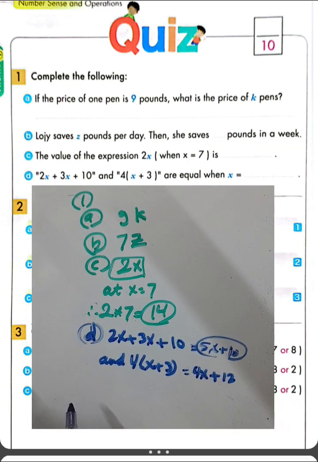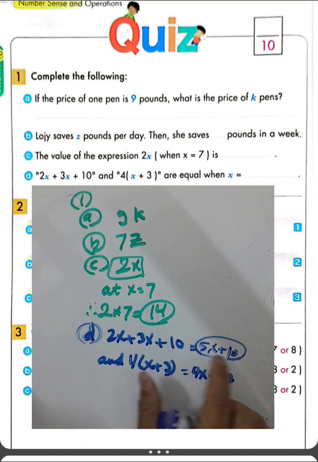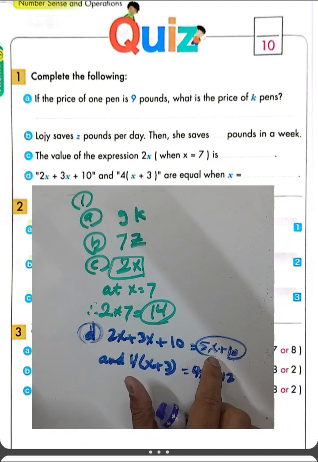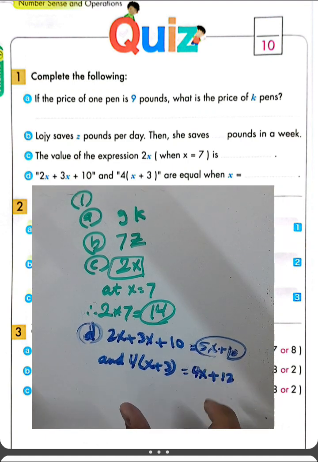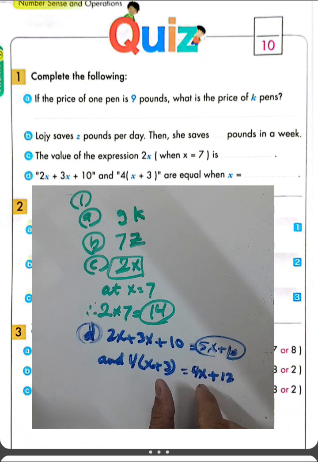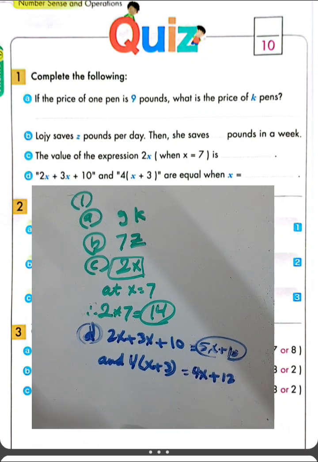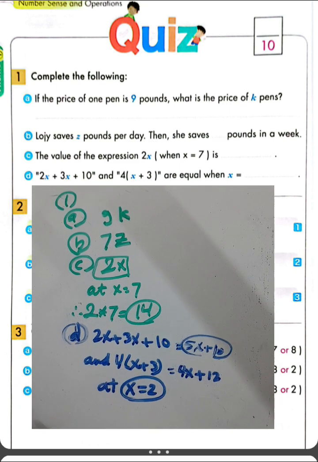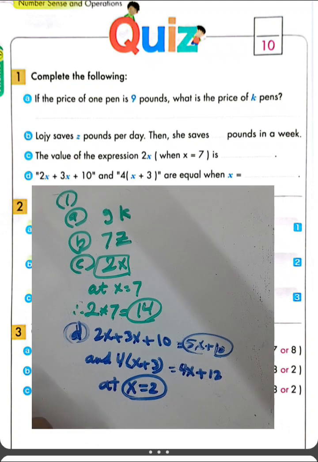If we put x equal to 1, the result will be 15, and here 16. But if we put x equal to 2, 5 times 2 equals 10, 10 plus 10 is 20; 4 times 2 equals 8, 8 plus 12 equals 20. So x equals 2. When x equals 2, the two expressions will be equivalent.